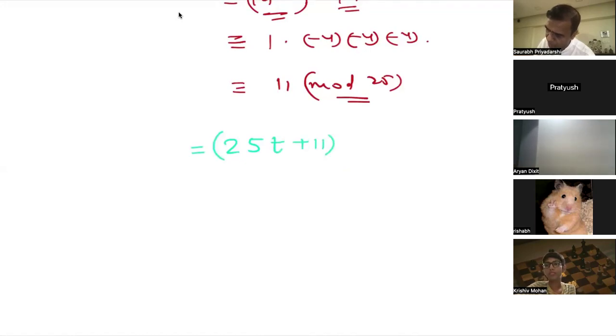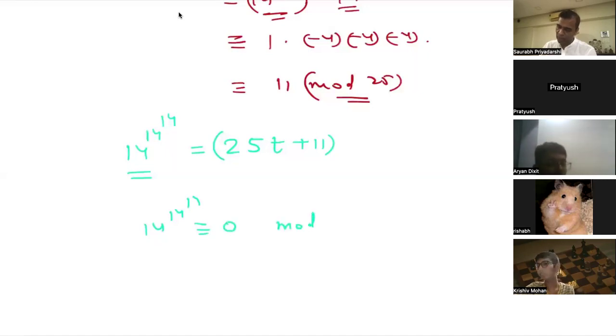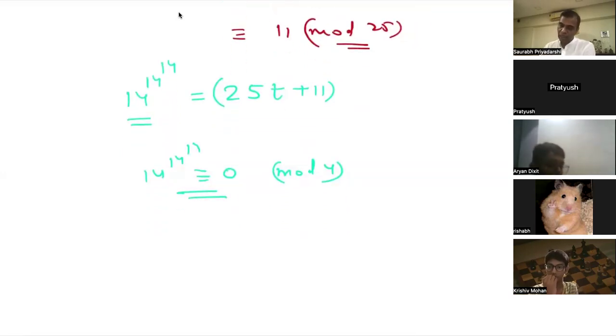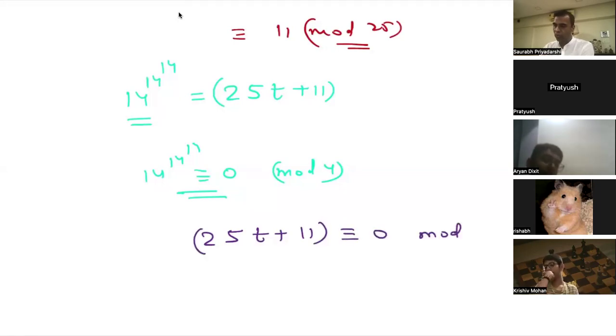The number 14 to the power 14 is in the form of this, but when I divide this by 4, I'm getting this. Each and every number is in the form of 25t plus 11 that is congruent to 0 mod 4. So the number must be divisible by 100.